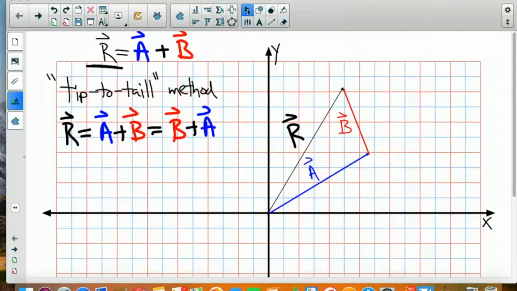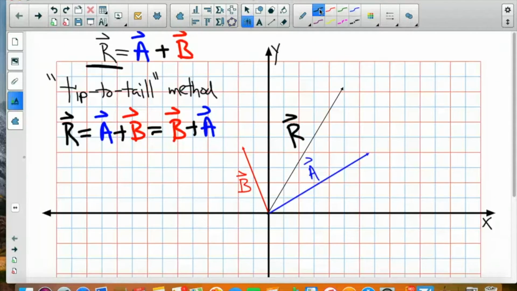If I take B and I put it back where I found it, I started at the origin, and now instead of adding B to A, instead of taking this one and putting it here, I'm going to do the opposite. I'm going to take A and I'm going to put it here.